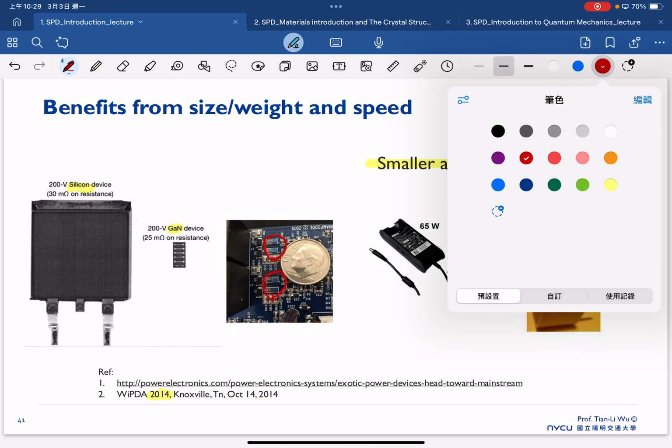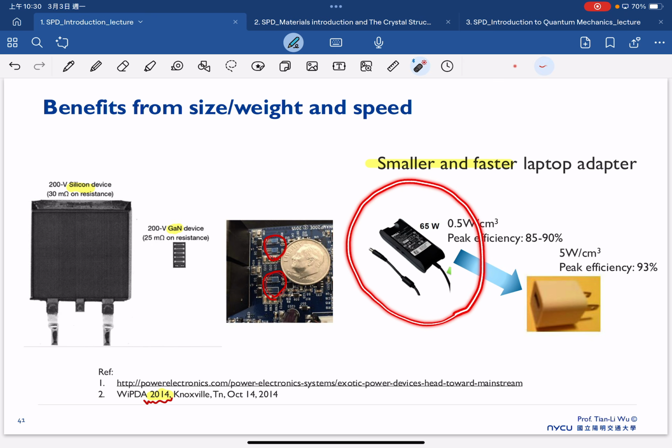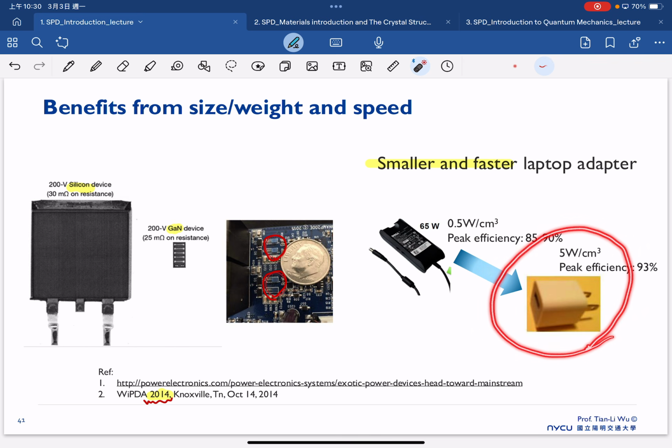This is the first concept demonstration in 2014 at one of the conferences, to demonstrate that the conventional laptop adapter can become this kind of laptop adapter that's smaller, the same as your cell phone adapter.